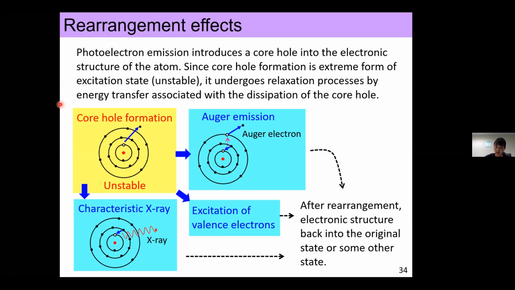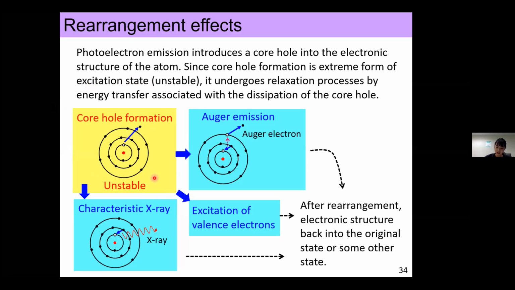Photoelectron emission introduces a core hole into the electronic structure of the atom. Since core hole formation is an extreme form of excitation state, it is unstable, and it undergoes relaxation processes by energy transfer associated with dispersion of the core hole.